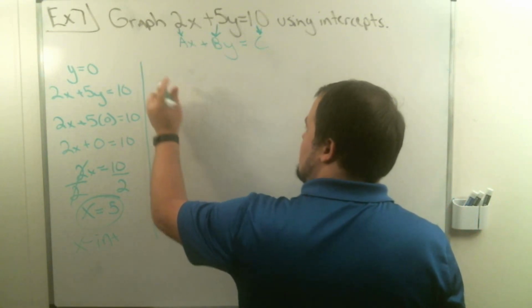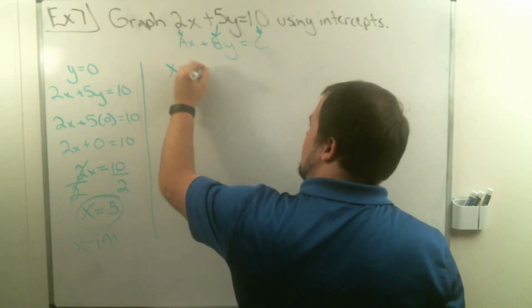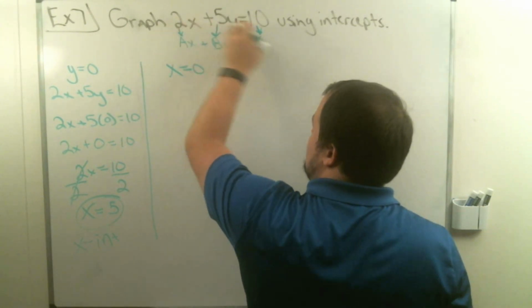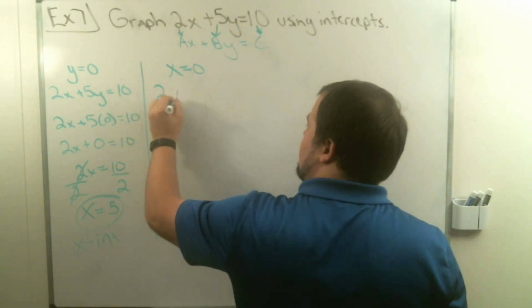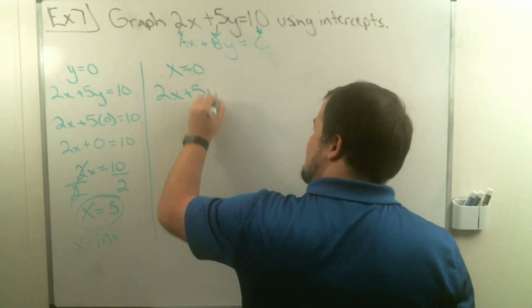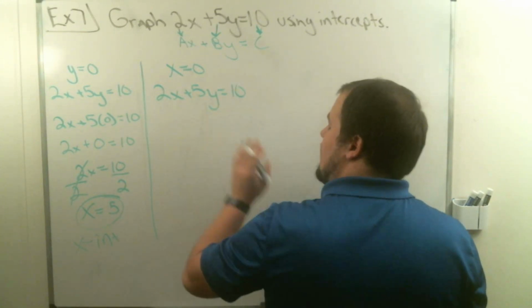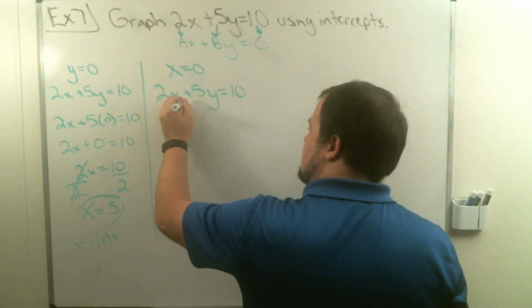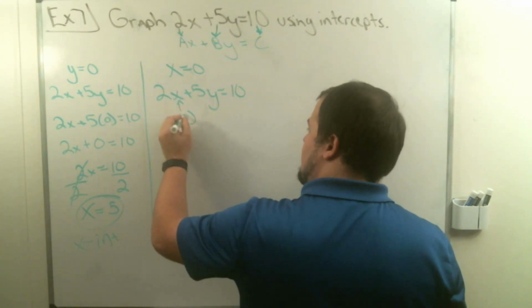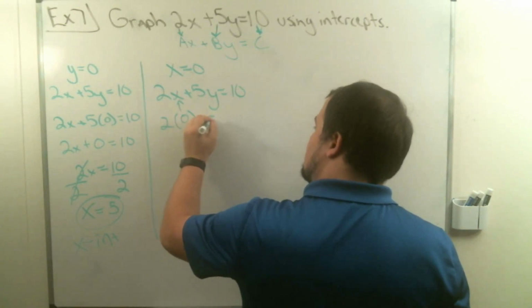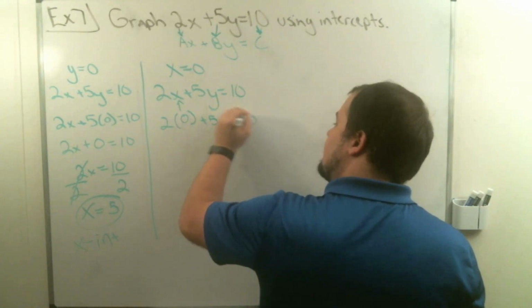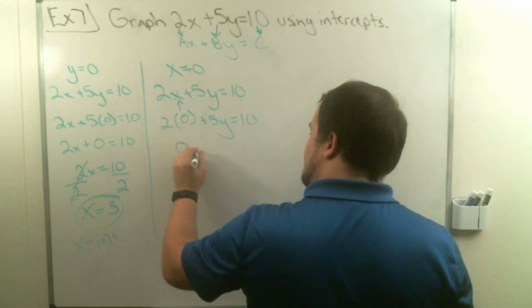The last thing I got to do is solve when x is equal to 0. So what we do is we rewrite this equation one more time. 2x plus 5y equals 10. And in this case, this is where we're going to change the x to 0. Two times 0, that's 0.